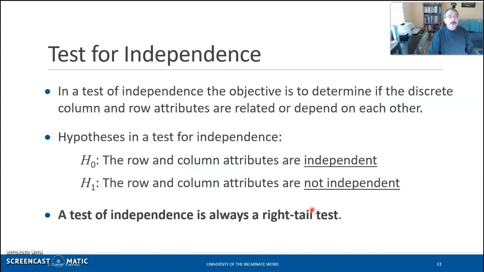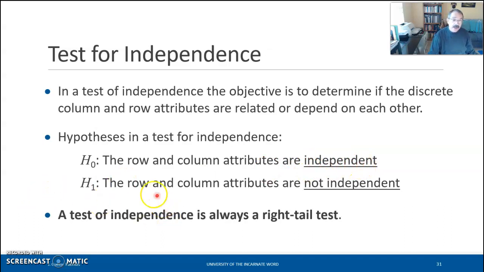All right, so let's look at the hypothesis for the test of independence. In the test of independence, the objective is to determine if the discrete column and row attributes are dependent. And so the way we state the null hypothesis, we say the row and column attributes are independent.